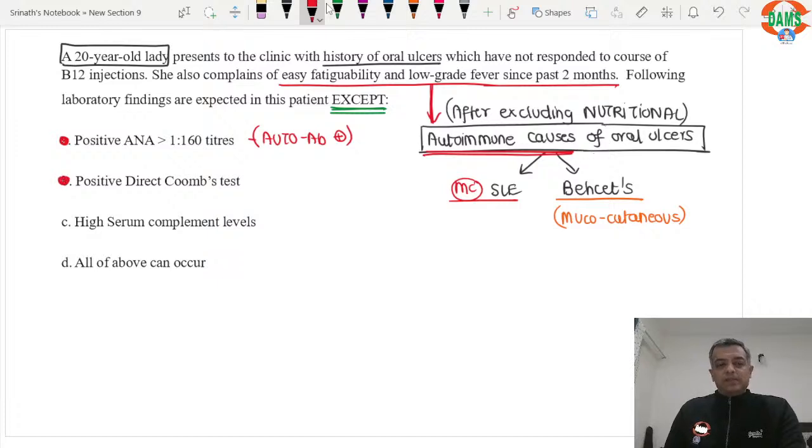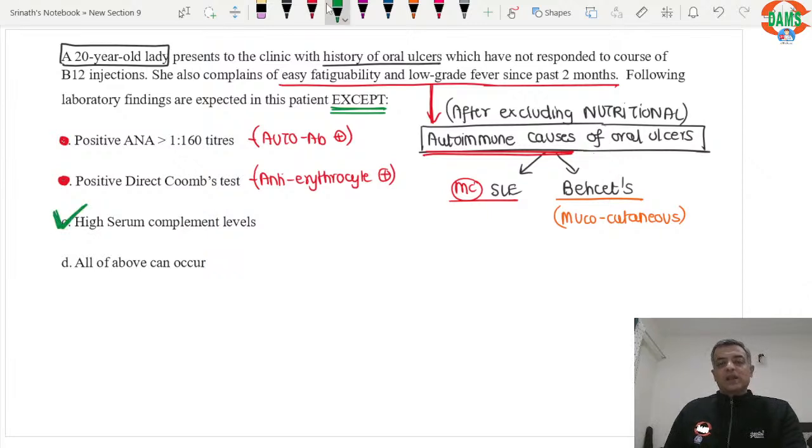So can there be a positive direct Coombs test? DCT is basically anti-erythrocyte antibody, which can be seen in a few patients of SLE. Possible. High complement level never occurs.